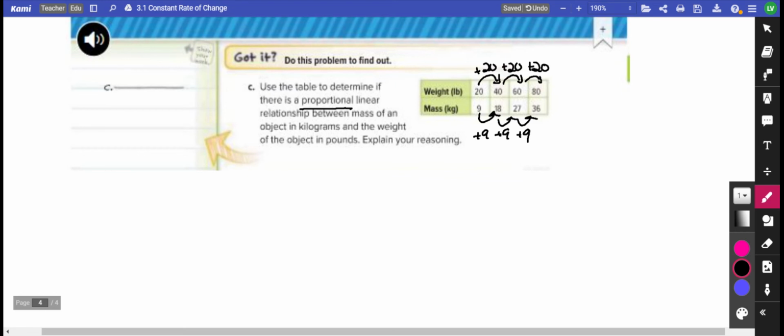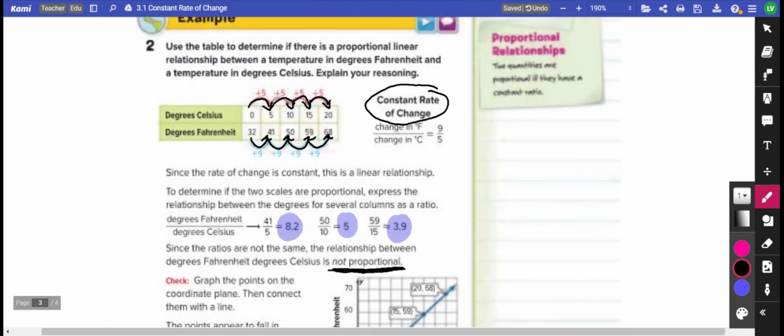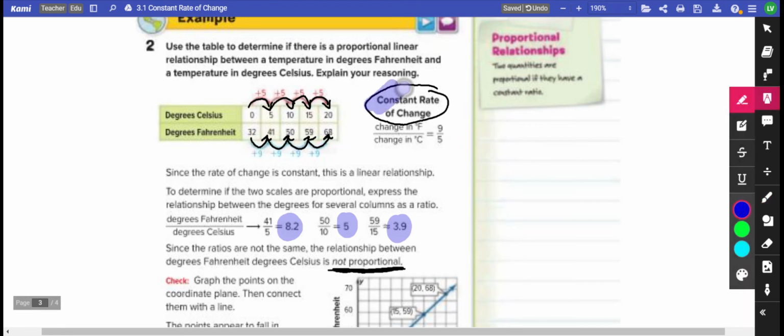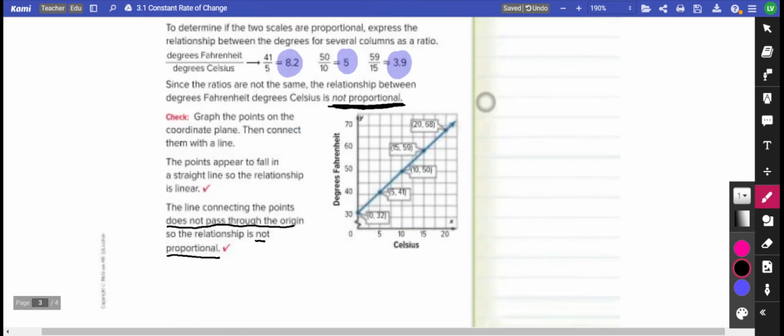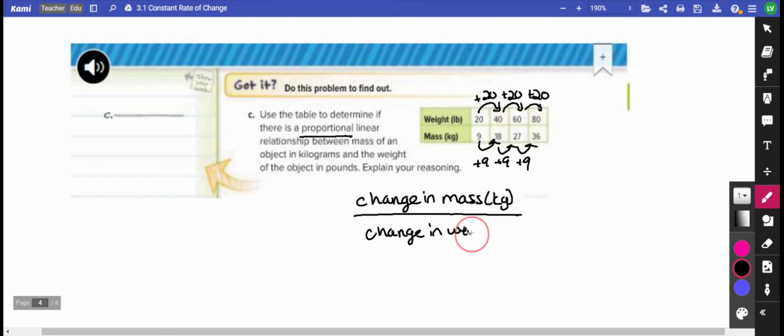So when I make my constant rate of change, if I go back up to the previous problem, in this case I had the change in degrees Fahrenheit divided by the change in degrees Celsius. So for this one, I'm going to find the change in mass, which is in kilograms, divided by the change in weight, which is pounds.